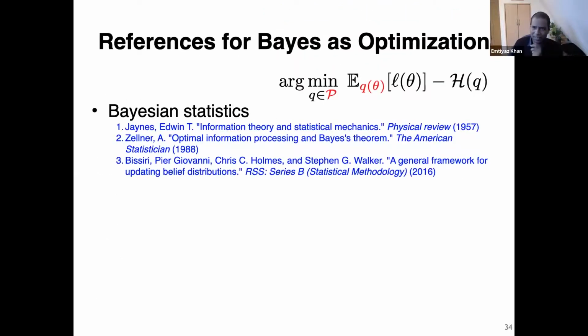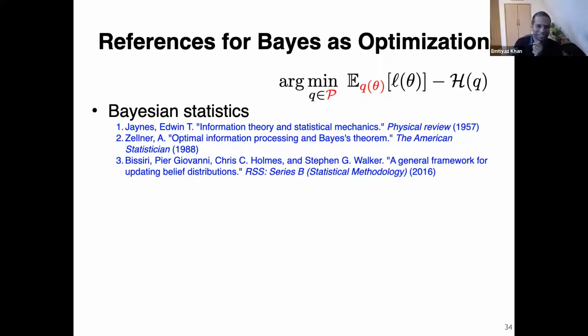Before we do that, I just wanted to mention that this formulation might seem a little bit strange to people at first if they're used to the integral formulation. So this is still P, the space of all distributions. This was originally from 1957, E.T. Jaynes, who wrote the maximum entropy principle.